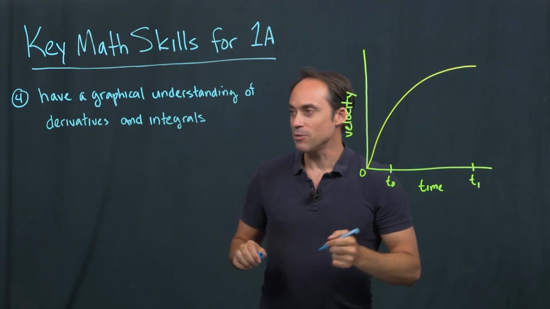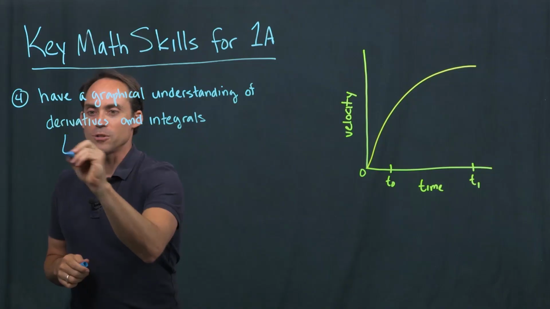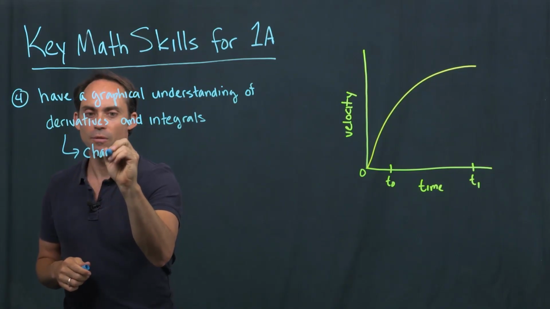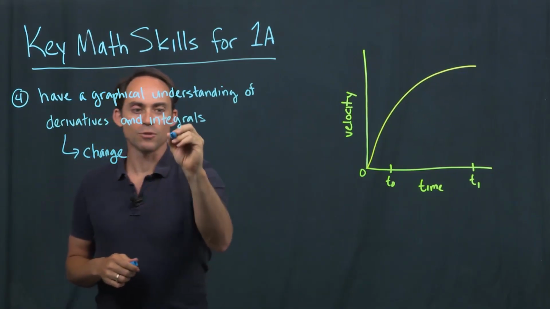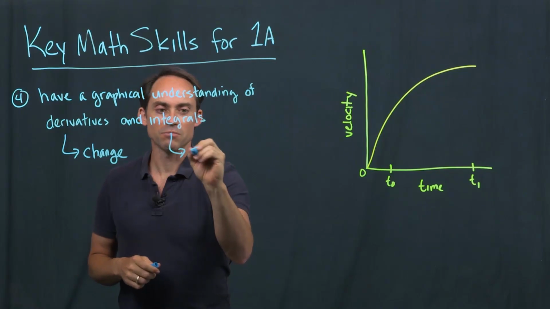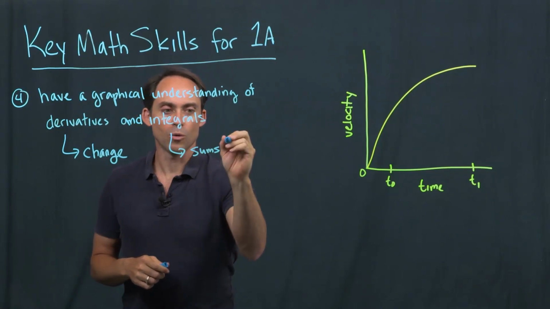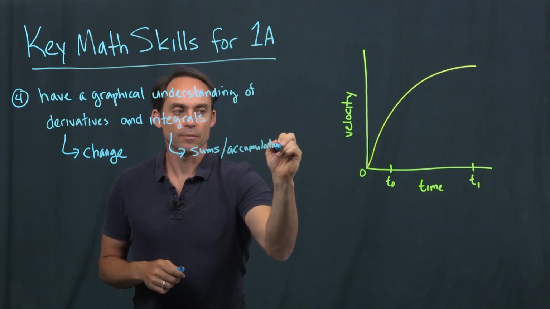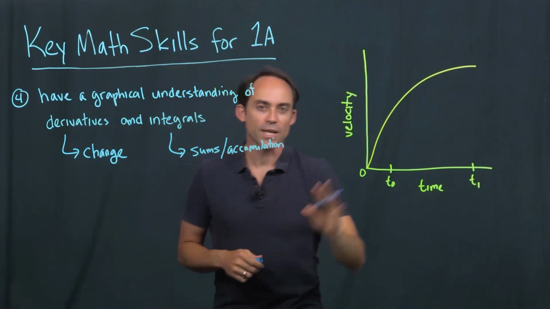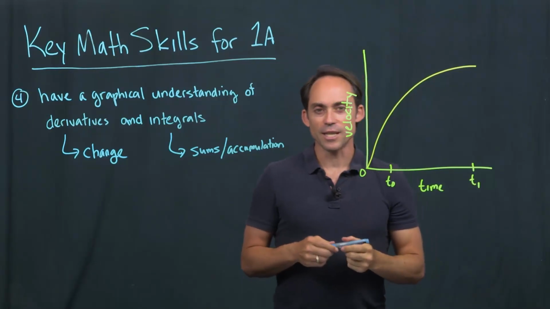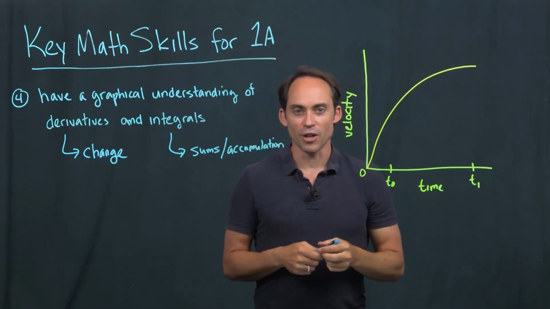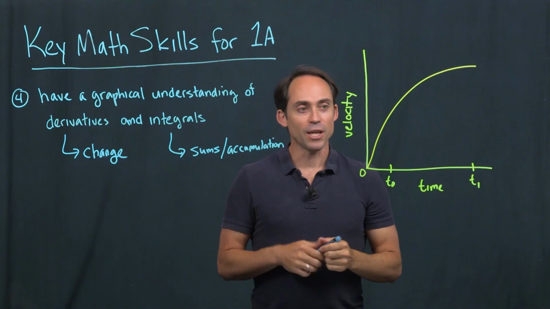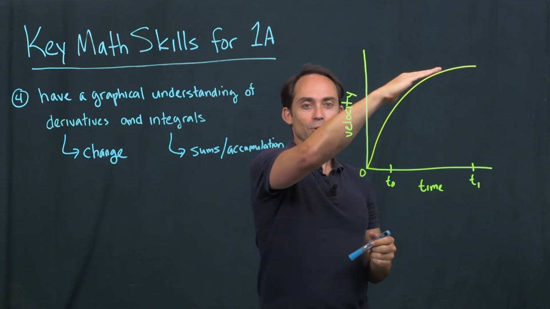Now, remember that derivatives are really about change, and integrals are really about sums or accumulation. So when we look at this plot, we can actually identify the derivative of the velocity at any given time by looking at how the function changes as it progresses.